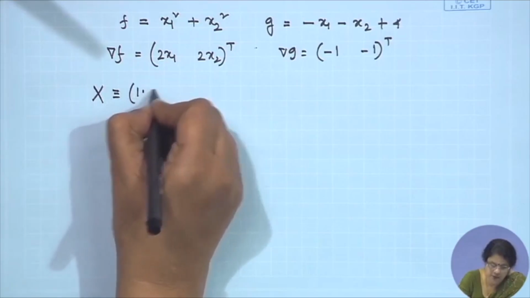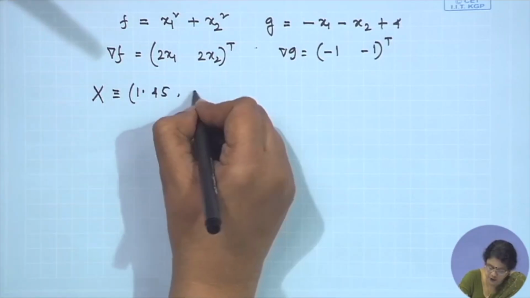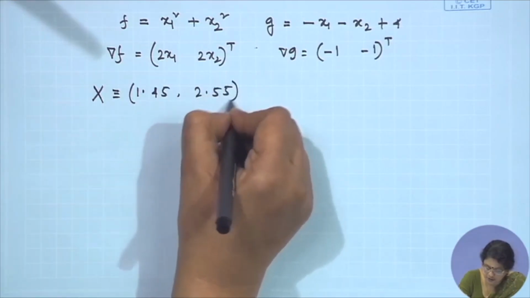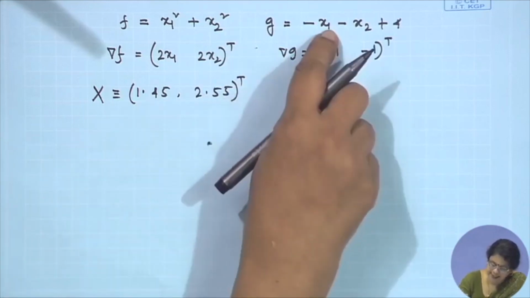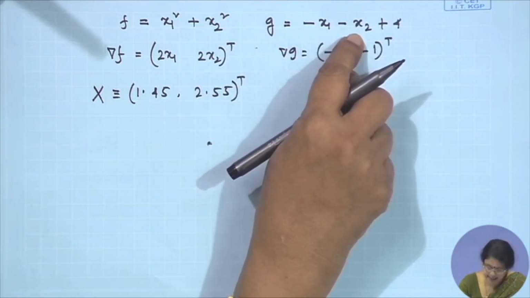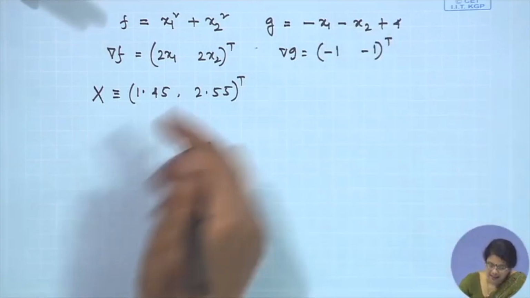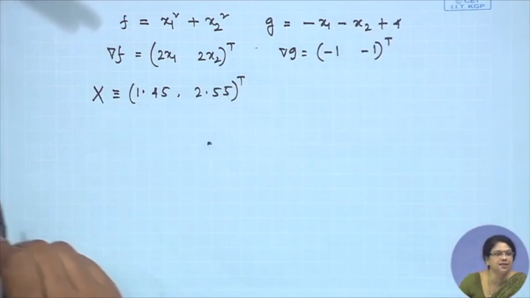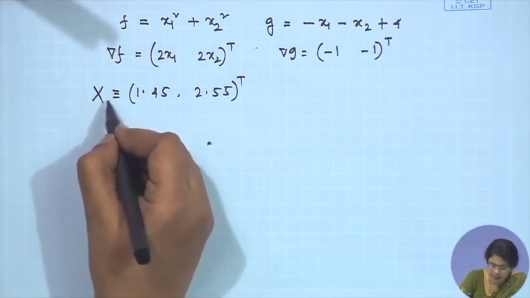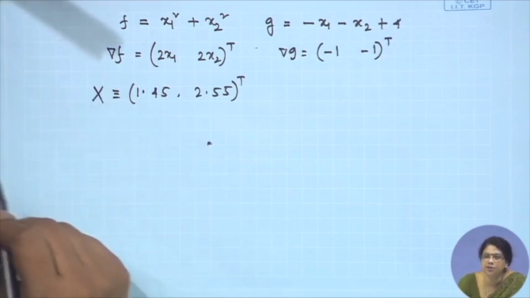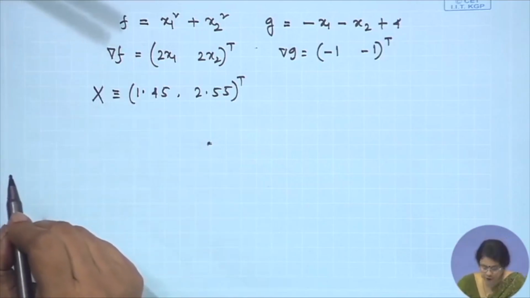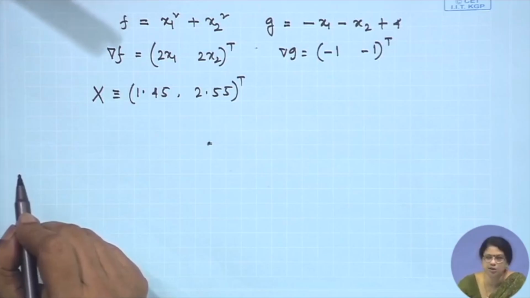You check whether this point is within the feasible space or not. If I just add it, is it greater than 4? It is coming exactly equal to 4. All right. Let us see which direction is the descent direction for me if I start my journey from here, because the problem is of minimization type.